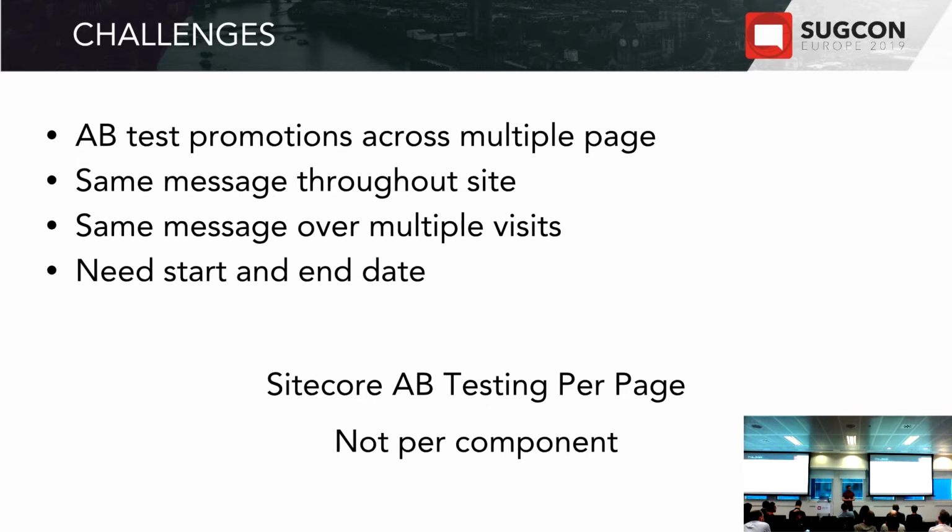So we want to do A/B testing promotion across multiple pages. We need this to be consistent messaging across the entire site. And again, once we know somebody's on variation A, we want to keep them on variation A all the time. There are reasons for that, because you might want to say to one user, if you sign up today, you'll get a Samsung Galaxy S7, and say to some other user, you're going to get an iPhone.